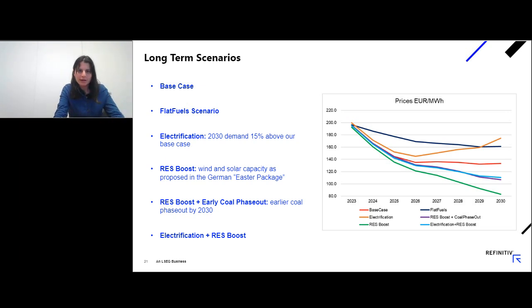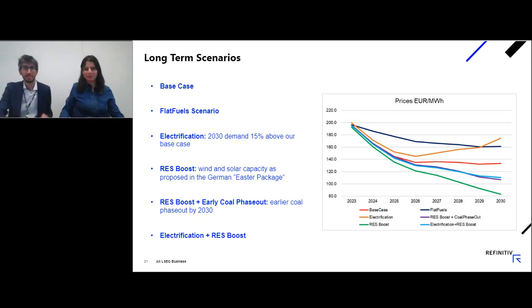So while we learn a lot from the electrification and renewable energy boost scenarios about how stressed the system would become, we think that the combination scenarios come closer to what our base case will be moving to already this year. So I'll leave you with the overview of the prices, and now Gabriele will move over to more of the details.